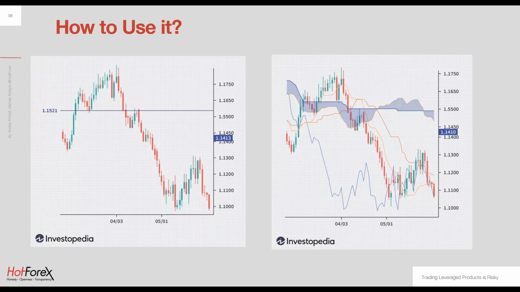So this is green because the top line of the cloud is the Senkou Span A. That's why I understood this is green. And this is red. This is red. And this is red. Okay, are you with me so far?